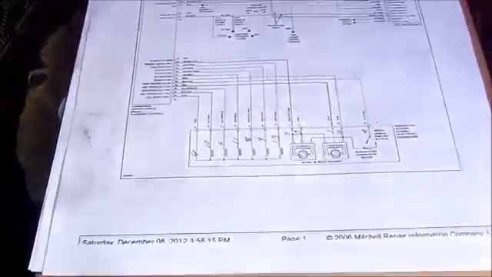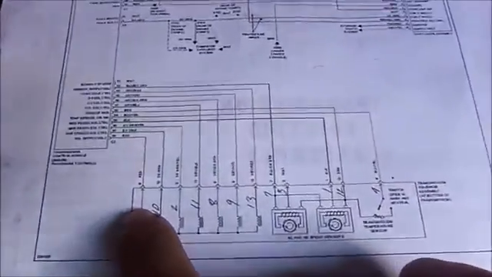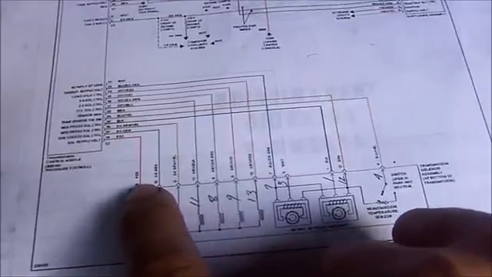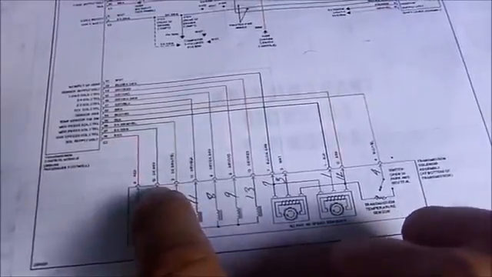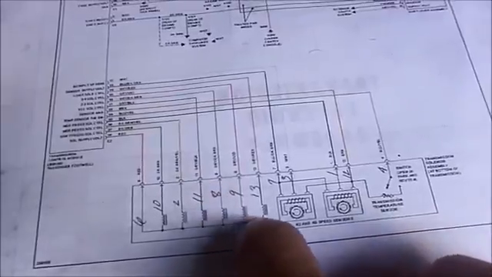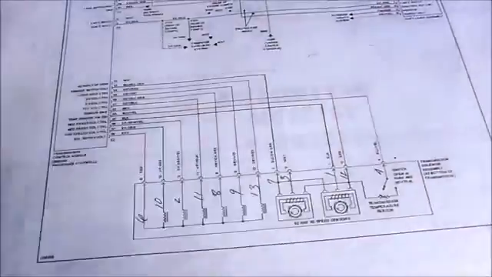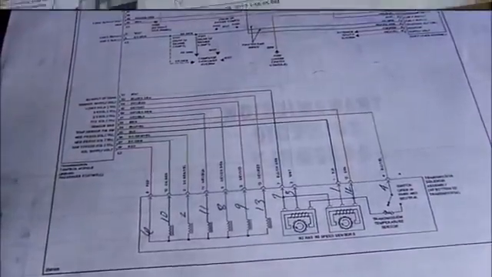If we look at our wiring diagram here, we have system voltage on one end. So one end of the meter is going to be on the red wire, and then we're going to go wire by wire to check all of these solenoids inside of the transmission itself here at the TCM connector.